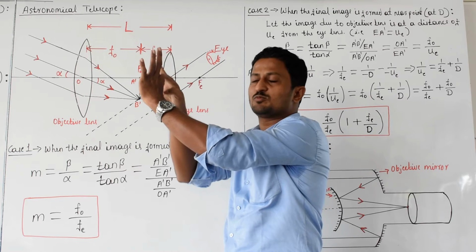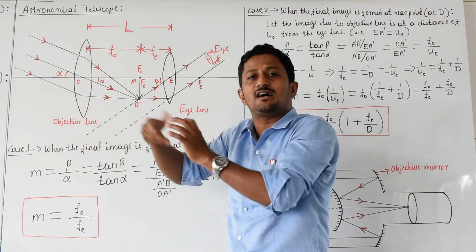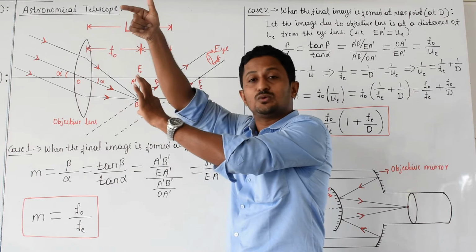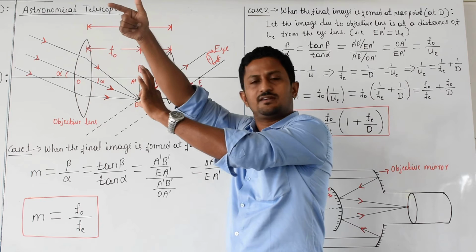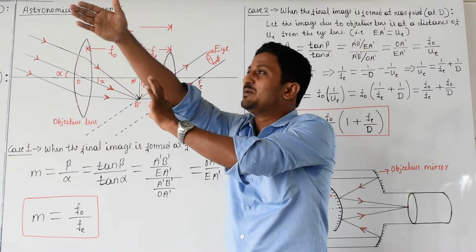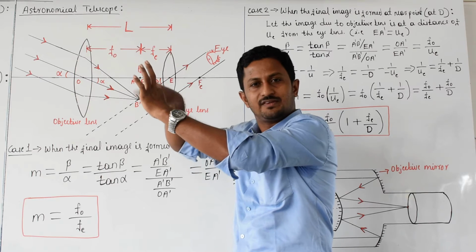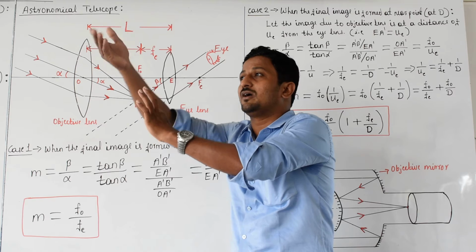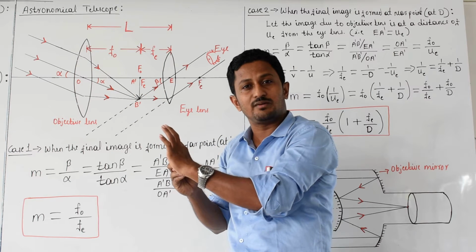If this lens is small, then this small aperture is unable to receive all those light rays from that distant object. The object is somewhere at a far distance, and many light rays are coming. See, this is the aperture, the surface area of this objective lens. If it is small, then not all those light rays pass through.